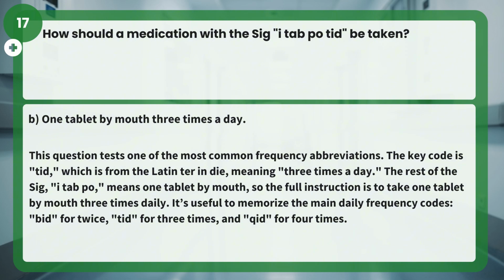This question tests one of the most common frequency abbreviations. The key code is TID, which is from the Latin ter in die, meaning 3 times a day. The rest of the SIG, i tab PO, means 1 tablet by mouth, so the full instruction is to take 1 tablet by mouth 3 times daily. It's useful to memorize the main daily frequency codes: BID for twice, TID for 3 times, and QID for 4 times.